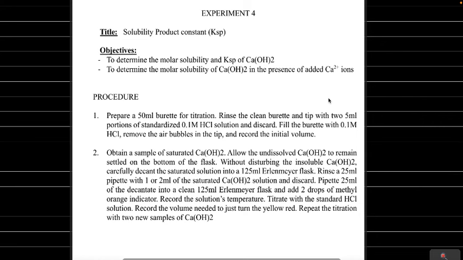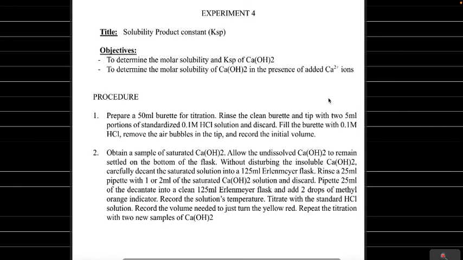Rinse the clean burette with 2 5 ml portions of standardized 0.1 molar HCl solution and discard. Standardized simply means that the concentration of the HCl is known. Remember, a standard solution is a solution that has a known concentration. So the HCl is going to be filled into the burette. You can just read the instruction on how to rinse your burette and get it right.